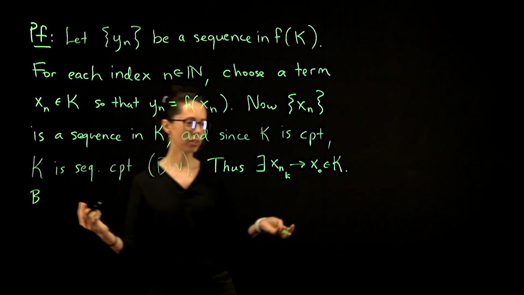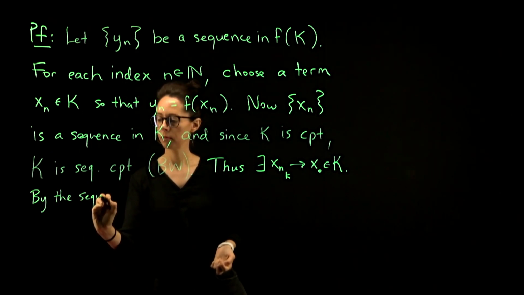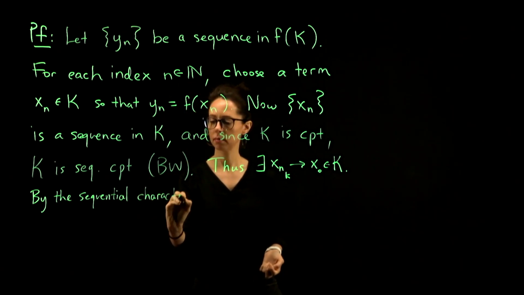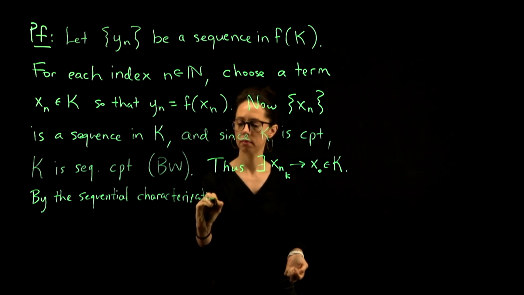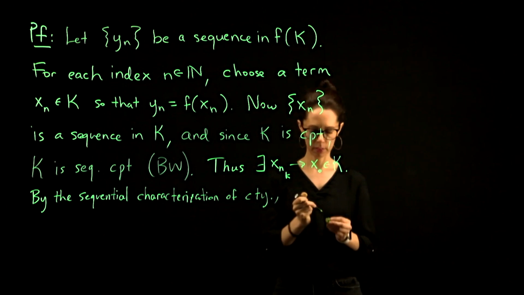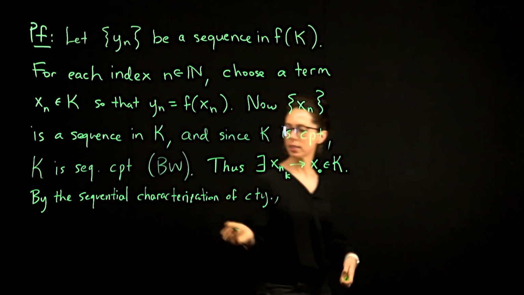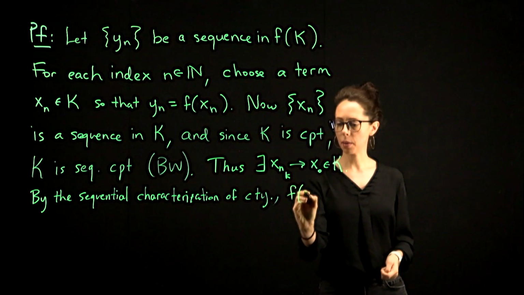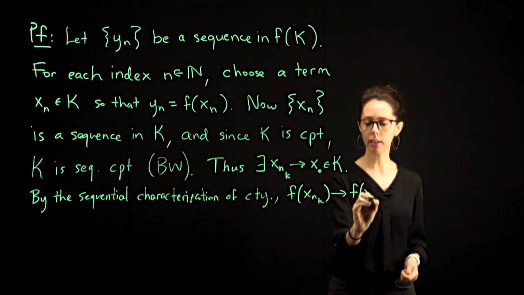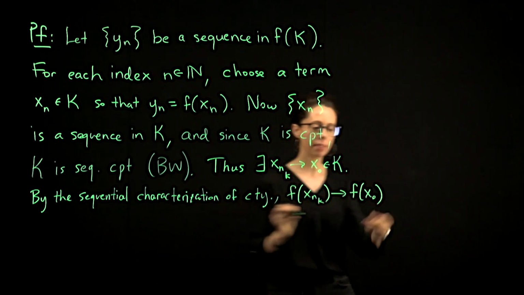So f of x sub n sub k converges to f of x naught, which by construction is in f of K. So if x naught is in K, this is in f of K.